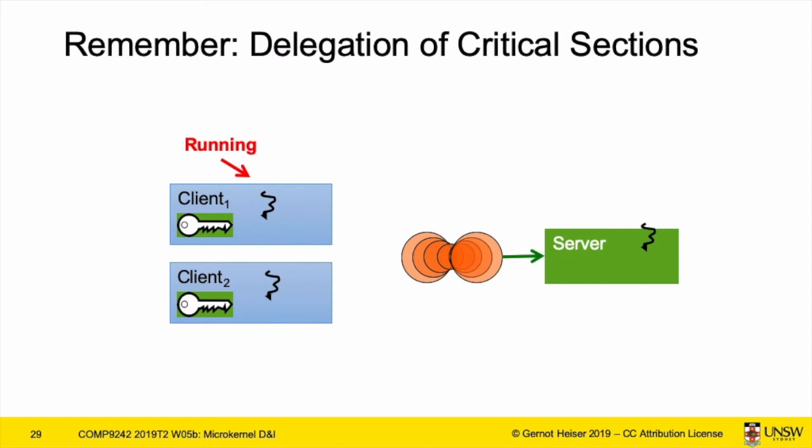So this immediately gives you nice locking properties. By running the server at the ceiling priority, you automatically get a priority ceiling protocol implementation for free. It's all very easy. Except, of course, this time slice donation thing messes it up completely.